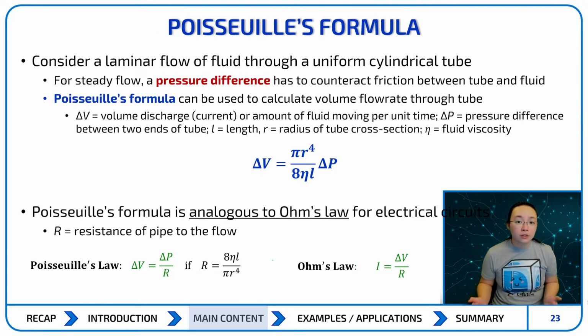If we look at an electric circuit, we have a voltage difference between two ends of a wire, so we can make an analogy to delta P. And of course, you have R being the resistance of the pipe to the flow, and that's represented by this equation here, 8 eta L divided by pi r to the 4. And you can now have a full analogy to Ohm's law in electricity and magnetism.